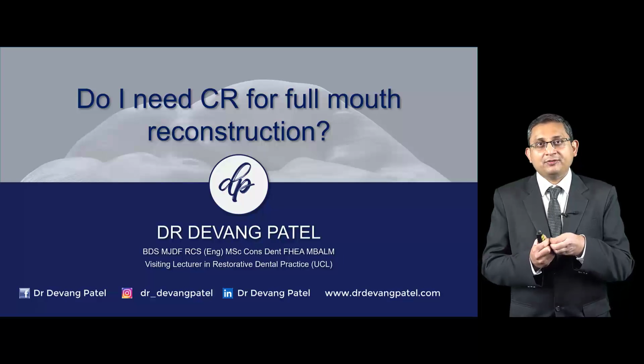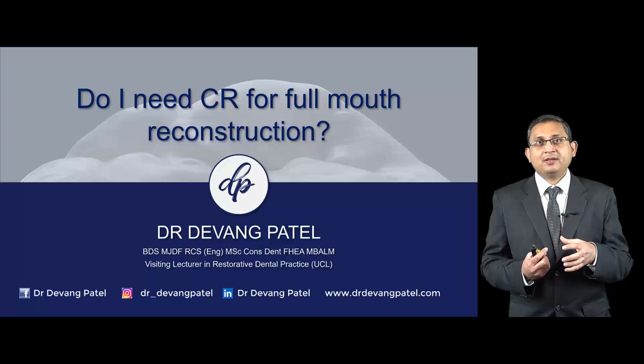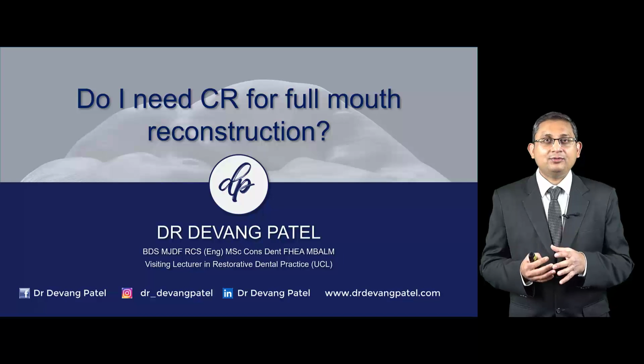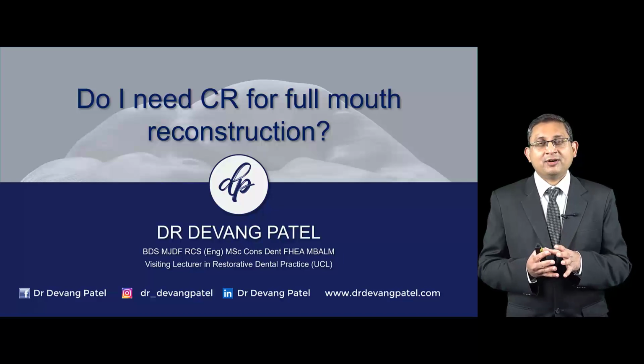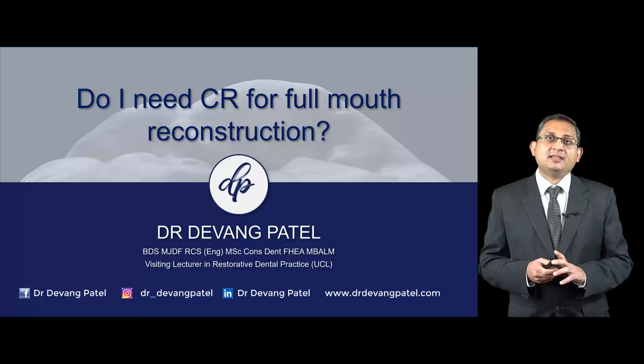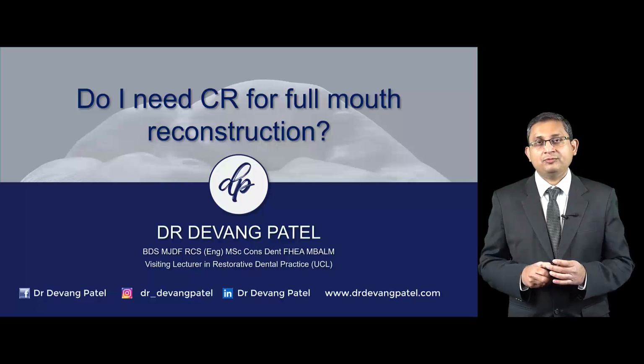If you're increasing the patient's OVD, there are studies which show that if the patient has teeth, there's no reason why you cannot increase OVD as much as you want. But if patients have TMJ problems, then you want to limit increasing your OVD.